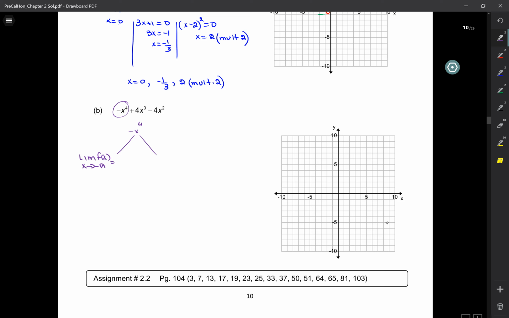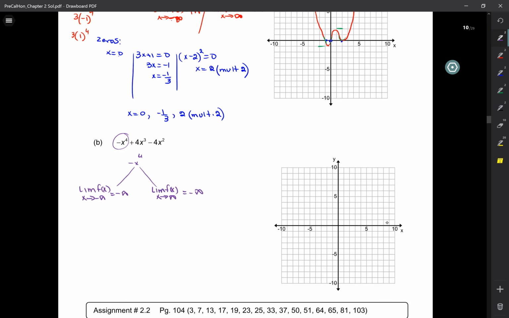Now, the fact that I have a negative in front means that whatever I plug in, x to the 4 will make it positive, the negative will make it negative, so this is negative infinity. If you don't believe me, you're more than welcome to plug in a -1 and you'll get a negative answer. And for the limit of f of x as x approaches positive infinity, no matter what positive number I put in there, I'm going to get negative infinity. Okay, so that's the leading term.